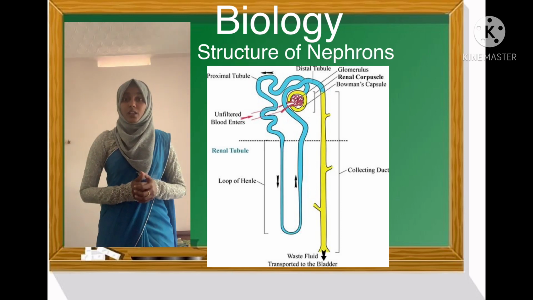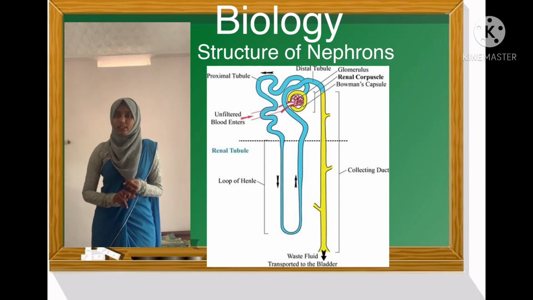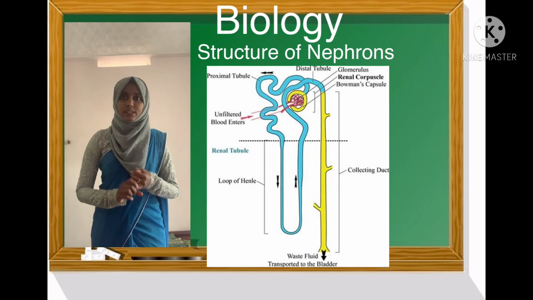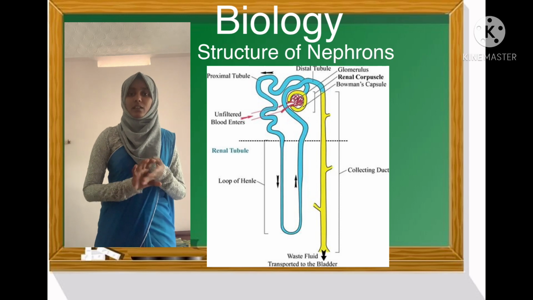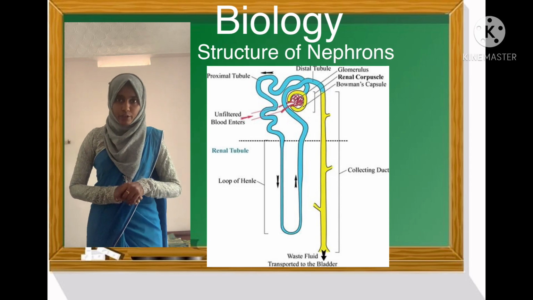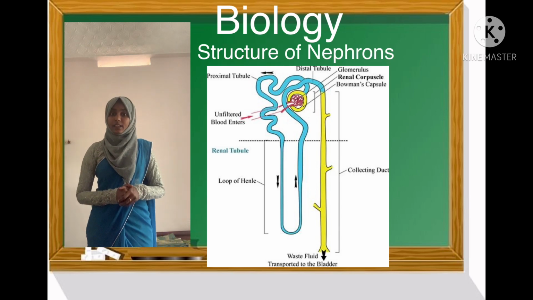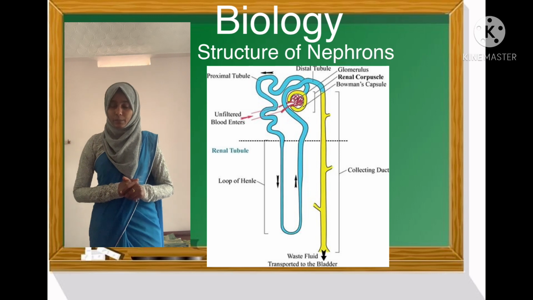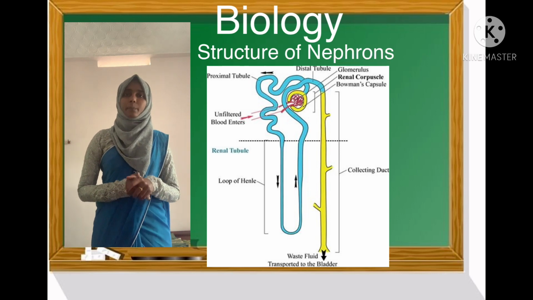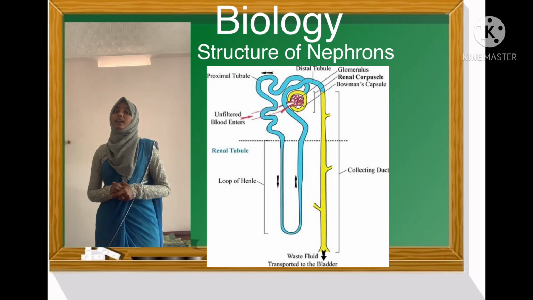Now we have discussed the Bowman's capsule, afferent vessel, efferent vessel and glomerulus. So we discussed four parts of the nephron. Bowman's capsule is a double-walled cup-like structure, and the glomerulus is seen inside it. The afferent vessel is a branch of the renal artery which enters the Bowman's capsule.